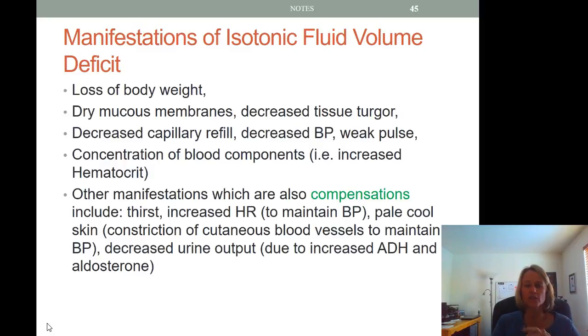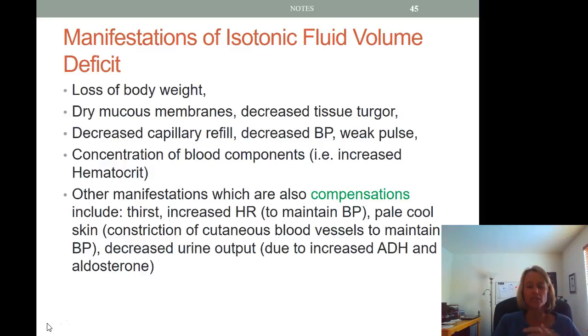We would see concentration of blood components. So in other words, we'd see like an increased hematocrit. Now, does that mean we have an increase in red blood cells? No. That means instead we have a decrease in water. So it looks like we have more red blood cells, but rather we have more red blood cells relative to the total blood volume because we have less water.